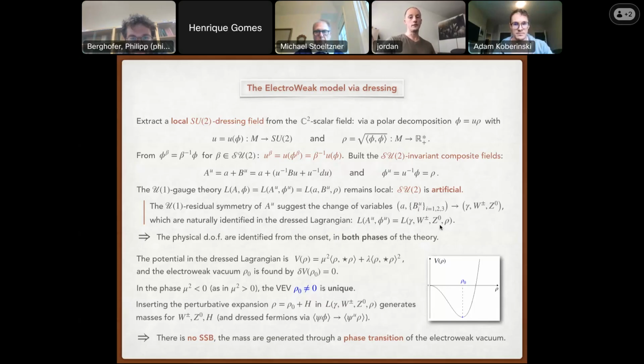But what still exists in that framework is the fact that you may have an electroweak phase transition, because you may indeed have two phases in that theory, in which you have either a zero vacuum or a non-zero vacuum. And this is what is operative, and this is indeed a phase transition. It may totally be the case that in the far past there was such a phase transition of the electroweak vacuum, but it has nothing to do with SU2 breaking. That would be the contention.